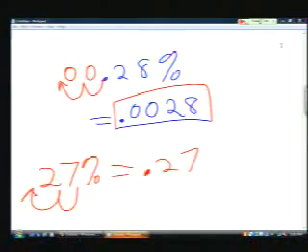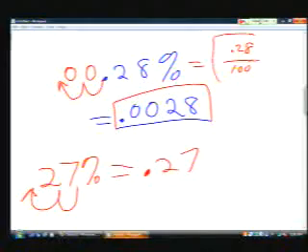You see, if you were to do this as a fraction, you could say, well, it's the same as 0.28 out of 100, which is correct. But 0.28 over 100, that is not a proper fraction, is it?